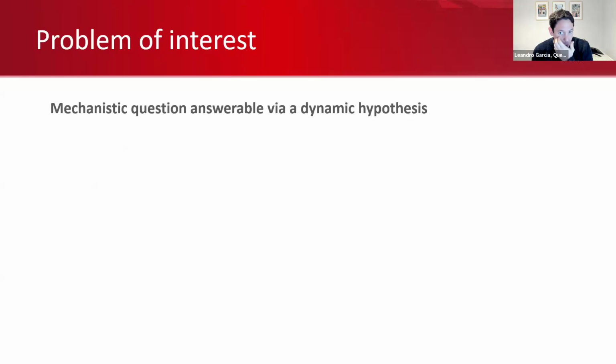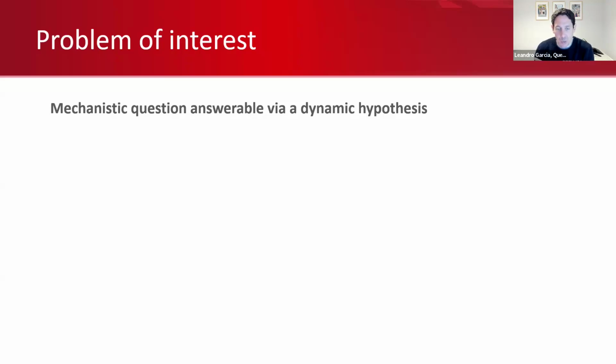The best way to describe what kind of questions we would try to address using causal loop diagrams is mechanistic questions that, in principle at least, or intuitively, can be answered via dynamic hypothesis. By dynamic hypothesis, I mean an explanation of how these patterns and mechanisms work that involves dynamic relationships between these factors.